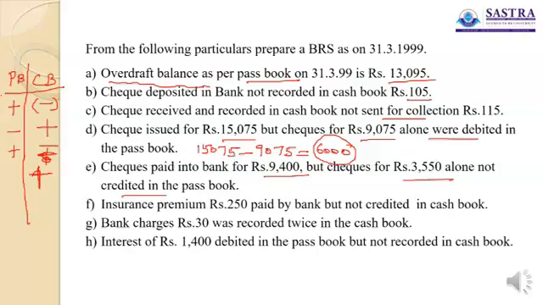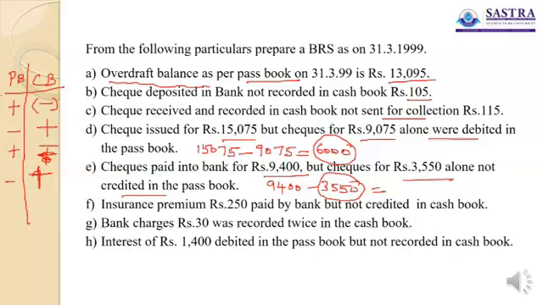So you have received checks worth 9,400, which would have been entered as receipt in the bank column of the cash book. But checks for 3,550 alone not credited in the passbook. So that keeps the passbook's balance lesser. The worth is 9,400 minus 3,550, which is what is to be made out in your reconciliation.